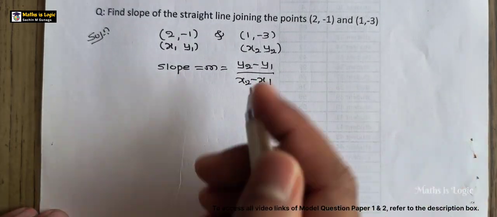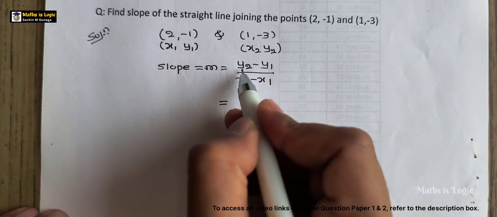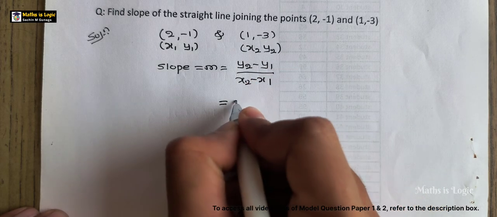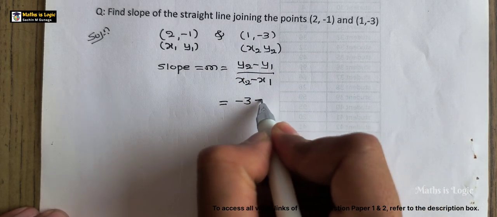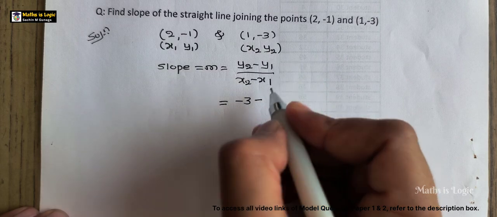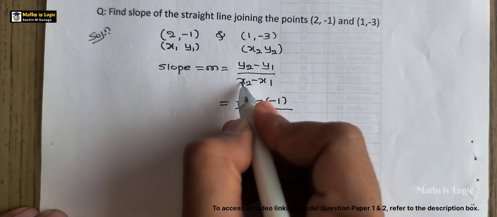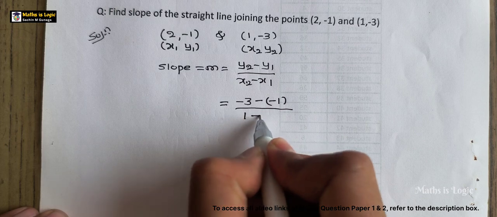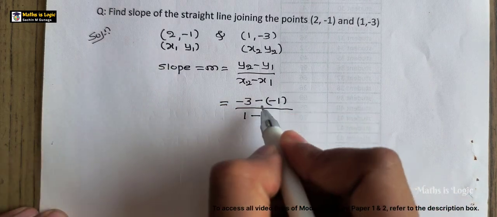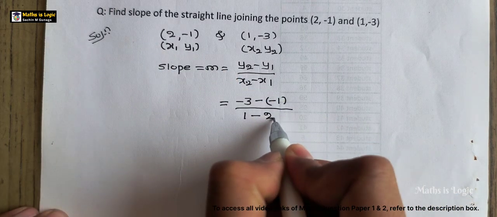After writing the formula, substitute. Y2 is minus 3, middle minus sign, keep it as it is. Y1 is minus 1, so in bracket minus 1, divided by x2 is 1 minus x1 is 2, so right here 2.